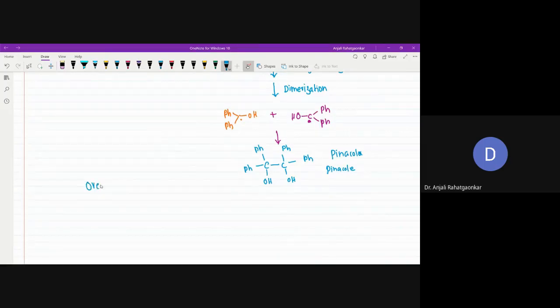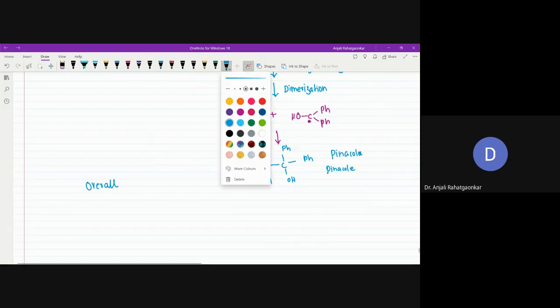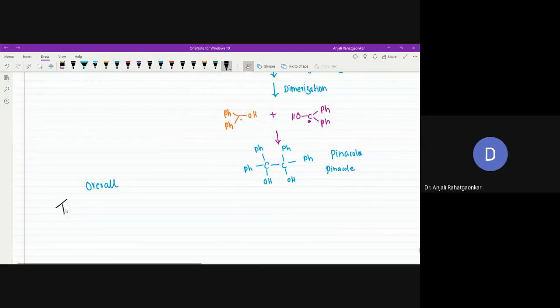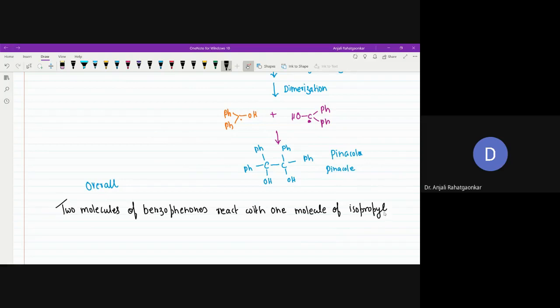Overall reaction we can say that two molecules of benzophenone react with one molecule of isopropyl alcohol and give two benzhydryl radicals.